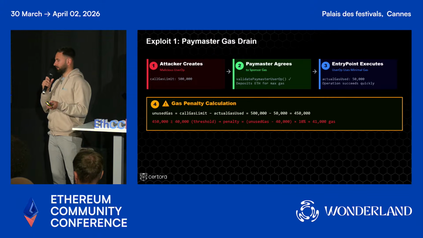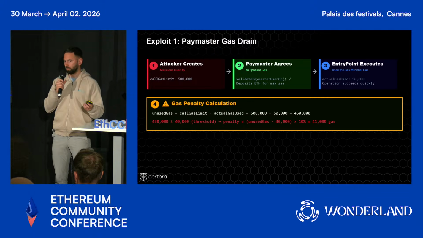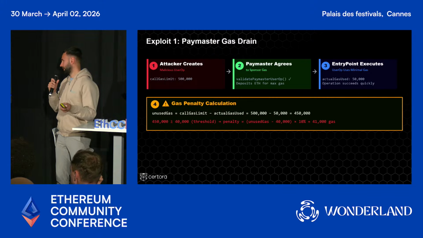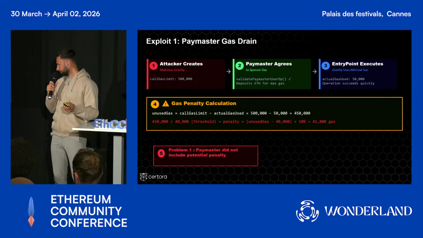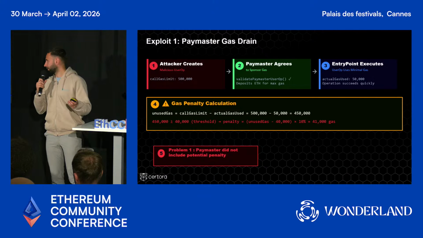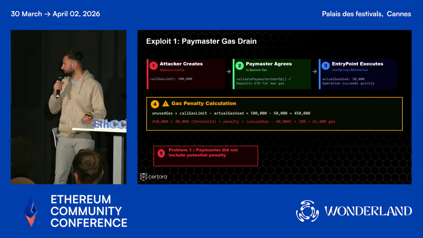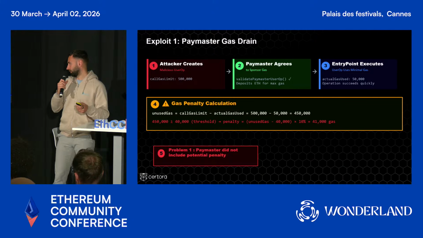The first one is, what if the paymaster forgot to account for the excess penalty gas cost? It means an attacker can create a malicious UserOp by setting the call gas limit a lot higher. But if the paymaster forgot to include the potential penalty gas cost, the paymaster will pay for the excess.